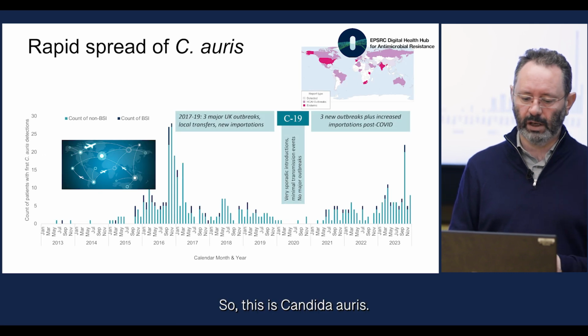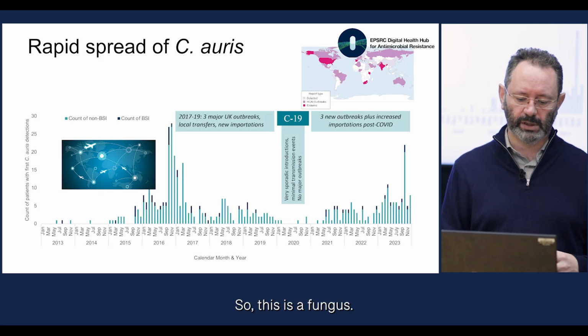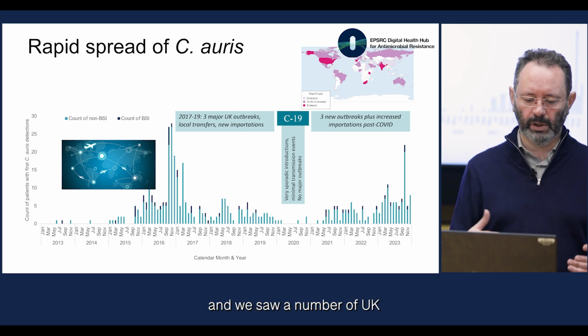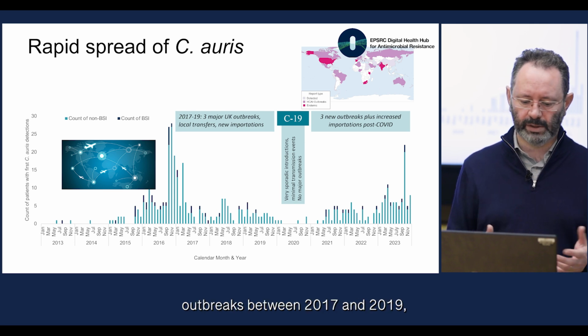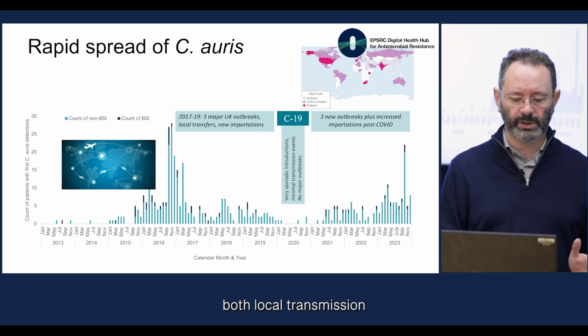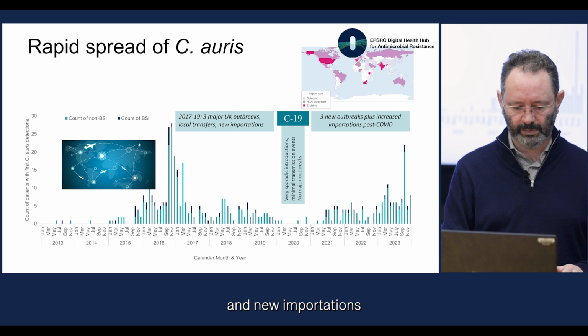So this is Candida auris. So this is a fungus. And we saw a number of UK outbreaks between 2017 and 2019, both local transmission and new importations.